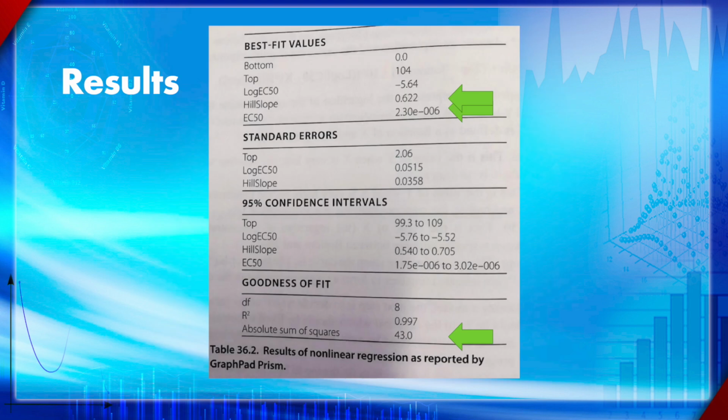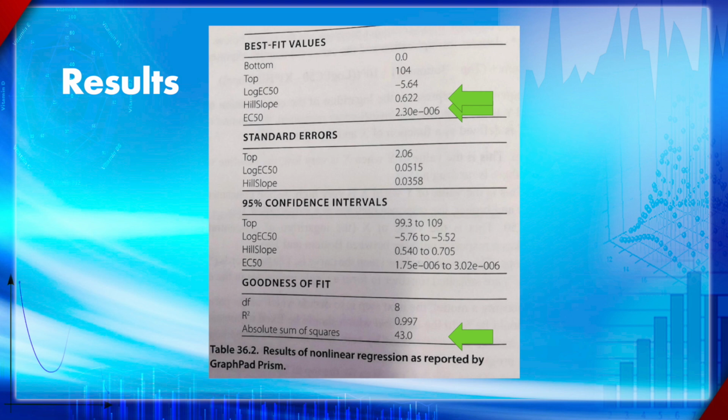The tabular result will depend on which equation you use, but all of these parameters, in this case EC50 and Hill slope, will be given as best-fit values in the results section. Also the R square, the regression coefficient, will be presented in the results section.